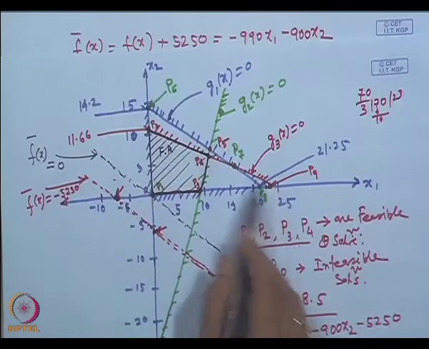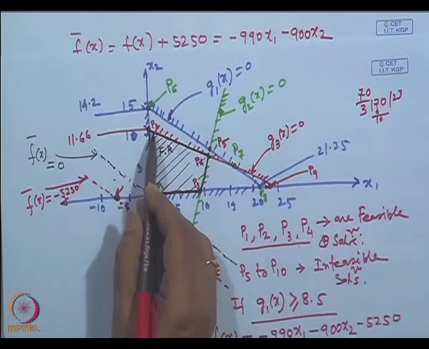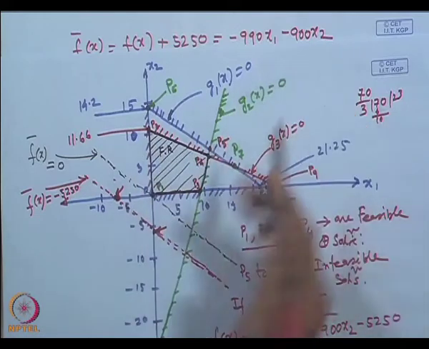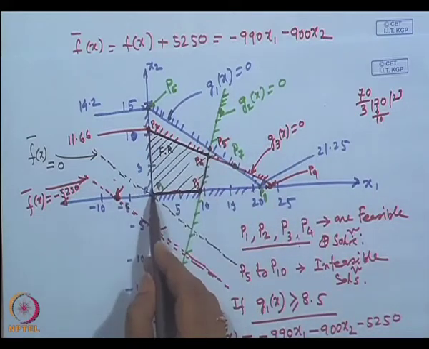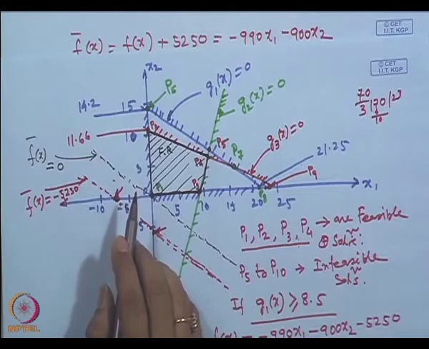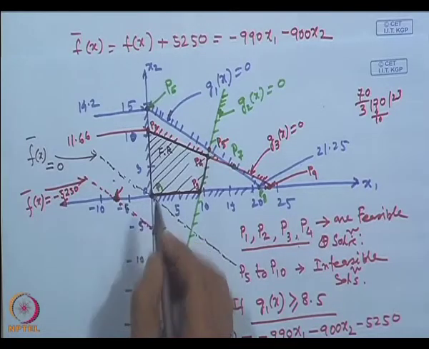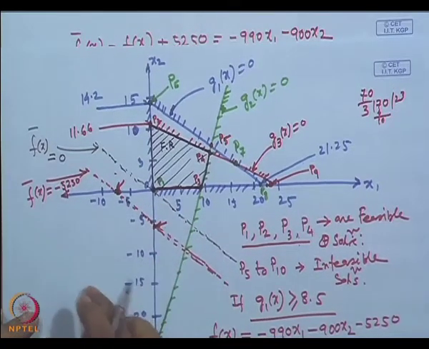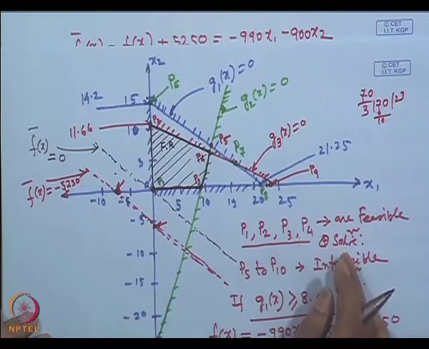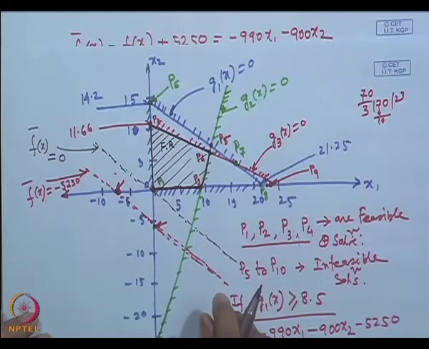So, for this particular problem, from graphical interpretation, the point P 1 is the optimum value of the function. That means at P 1, x 1 is equal to 0, x 2 is 0, and x 3, x 4, x 5 values we will get correspondingly.